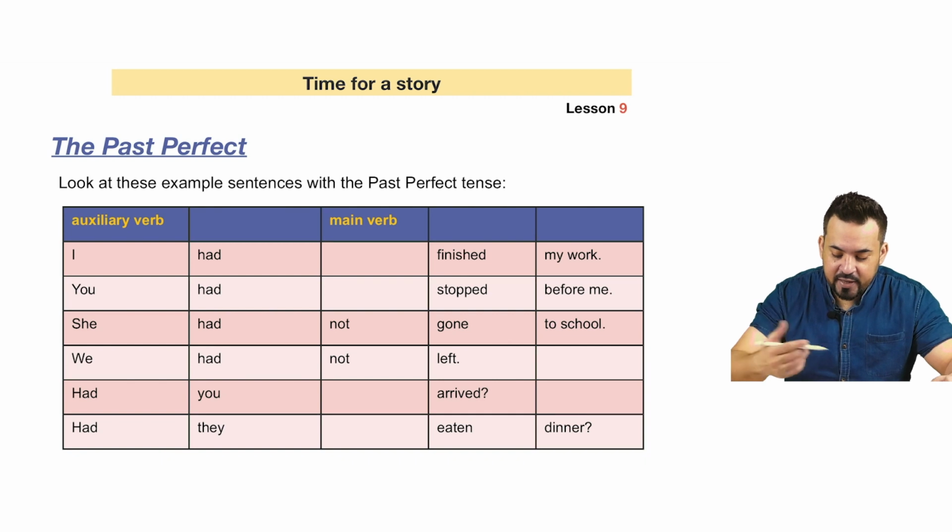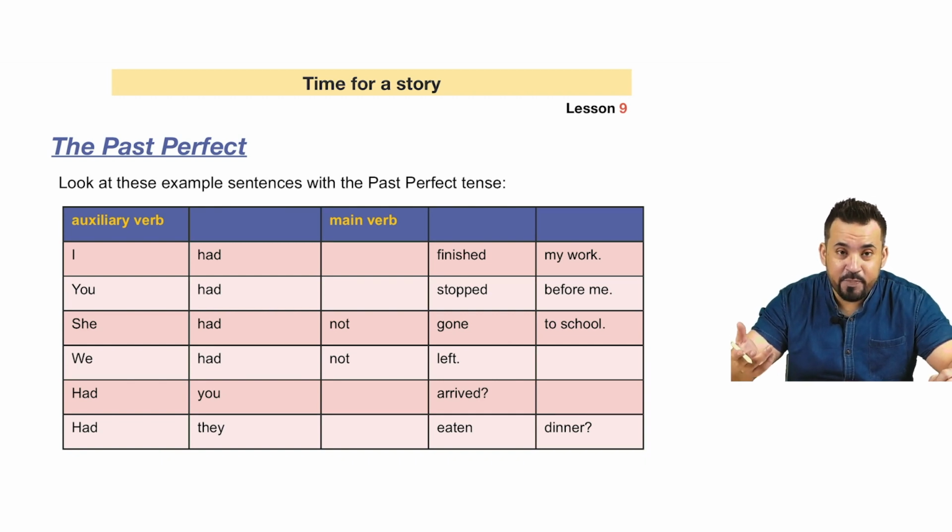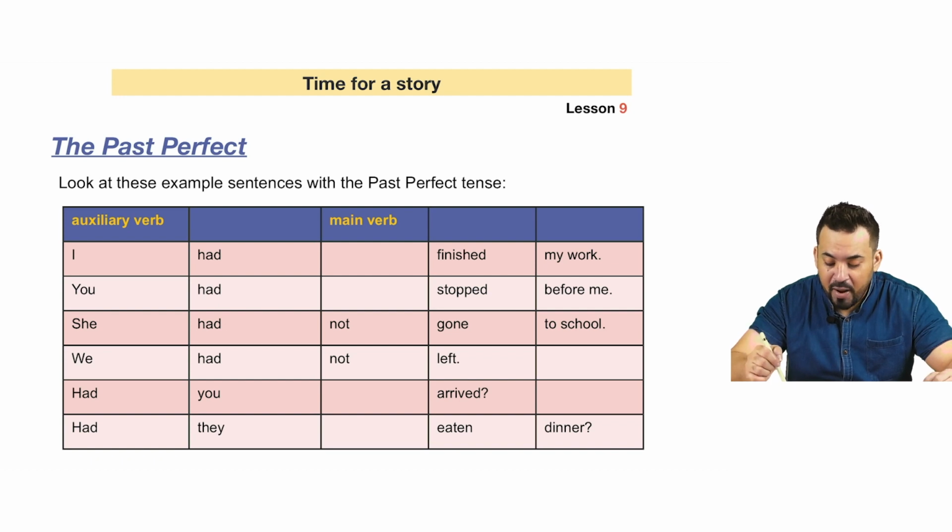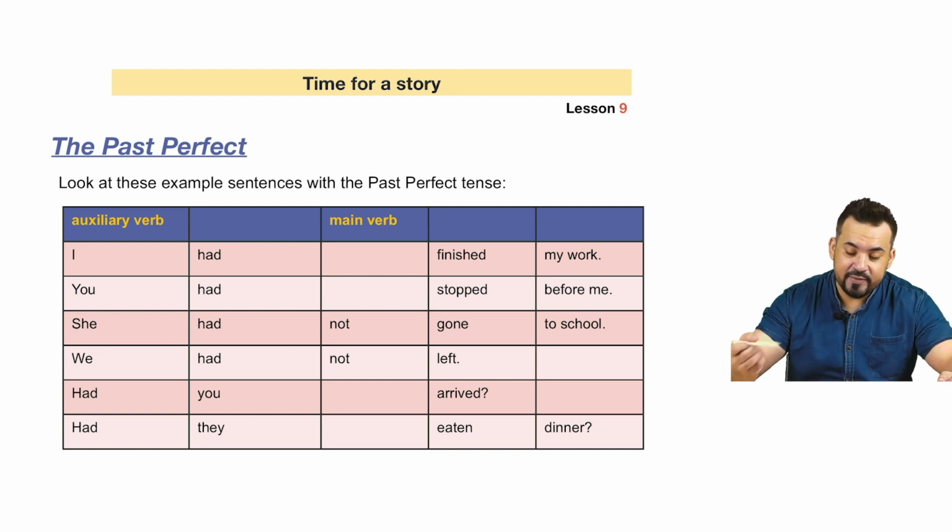Now, let's take a look at some sentences in the past perfect. I had finished my work. This is a positive sentence, and the negative sentence is I had not finished my work. Question format: had you arrived or had you not arrived? Had they eaten? Had they not eaten?